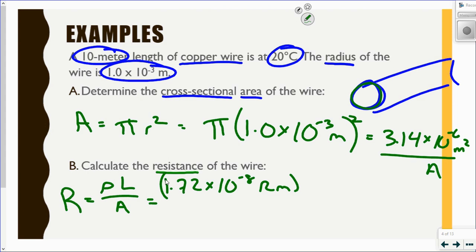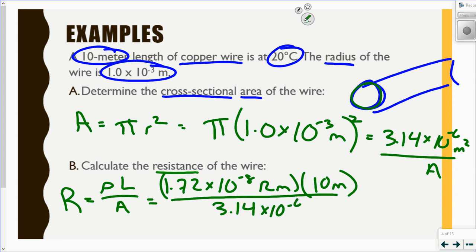And I can multiply by the length of the wire, 10 meters, and divide by the area value I got above. When I multiply that all out, I end up getting a value of 0.05 ohms for the resistance of our wire.